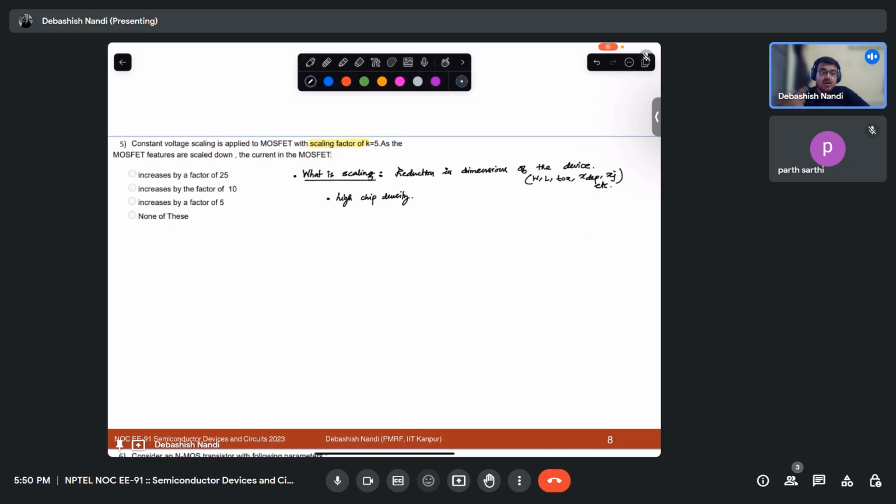To do higher order operations like your microprocessor stuff, you need thousands, even millions of transistors, okay? But again, you need those millions of transistors in a portable device like, let's say, your electronic calculator or your mobile phones. The dimension should be very small. So to do highly sophisticated stuff, you need higher chip density.